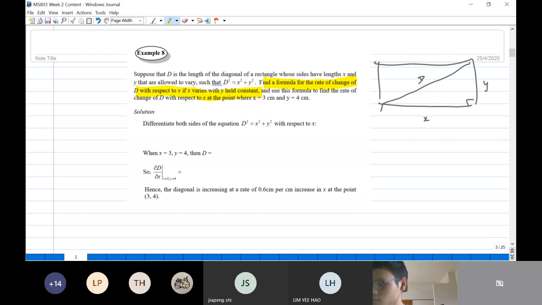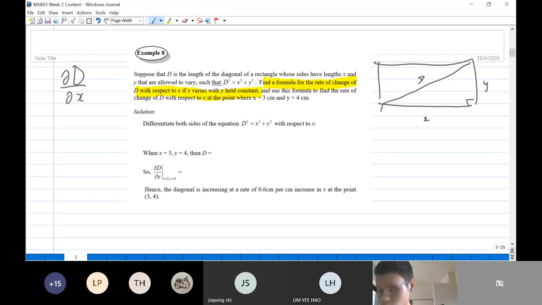So what they are looking for is the partial differentiation of d with respect to x. Why is it partial differentiation? Because d depends on x and y. When x changes, you can find the partial rate of change of d with respect to x.